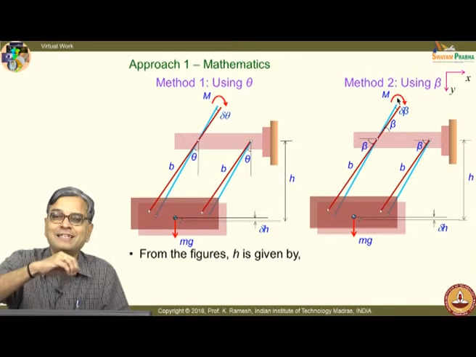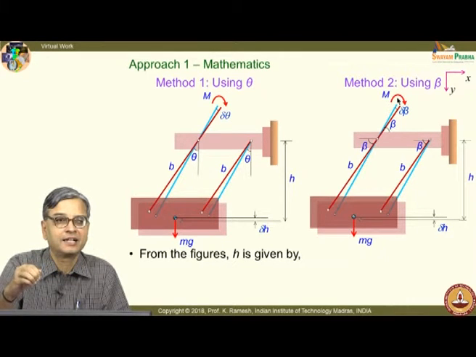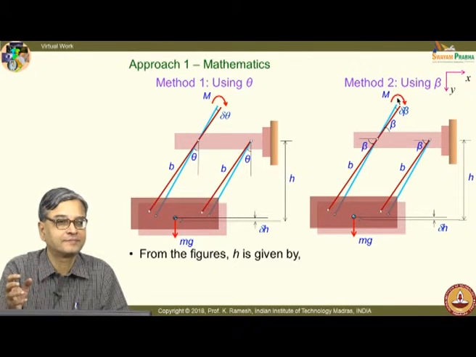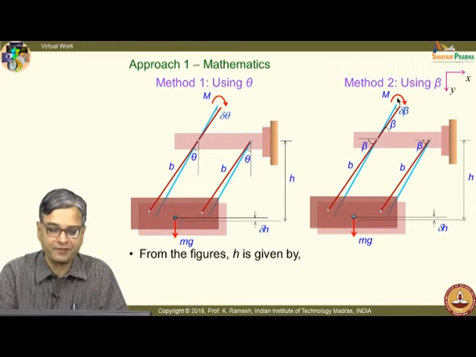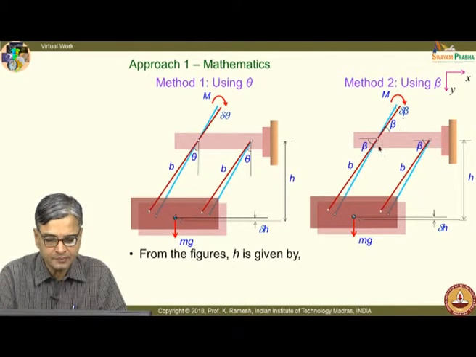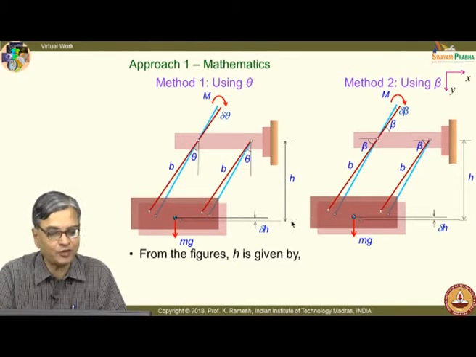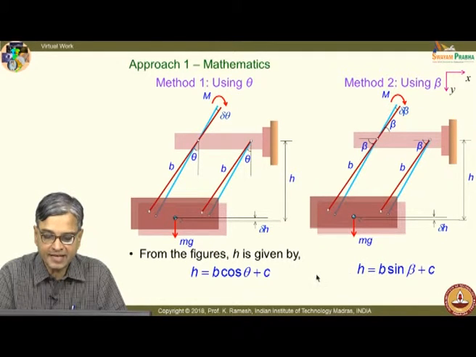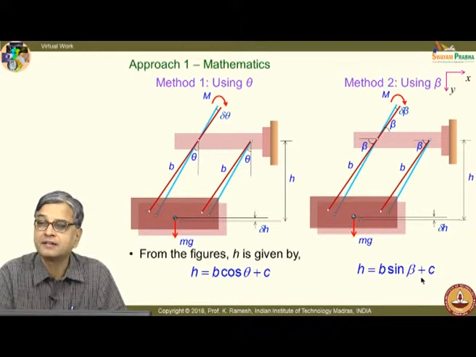I am actually increasing m so that I can visualize which way the link will rotate. Fine. I am not making any difference in these two. Let us get the expression for h. In this case, we have already seen that h equal to b cos theta plus c, and in this case, it is b sin beta plus c.